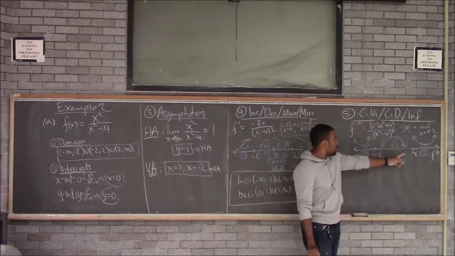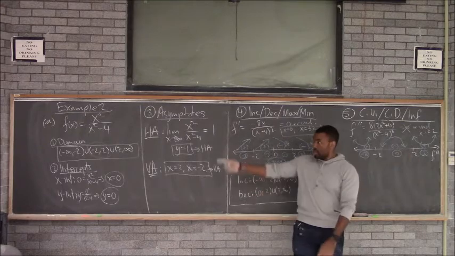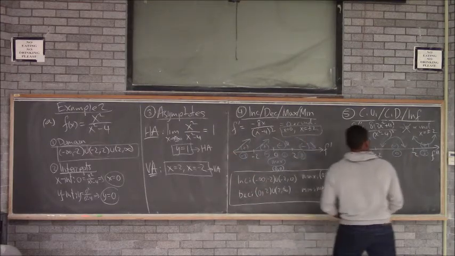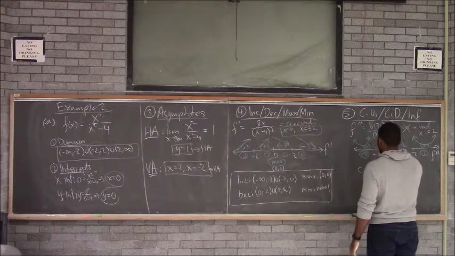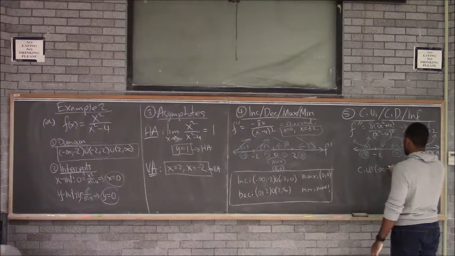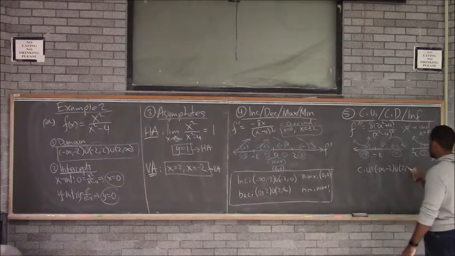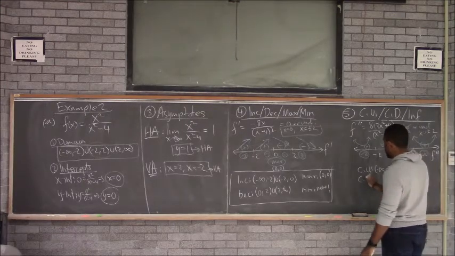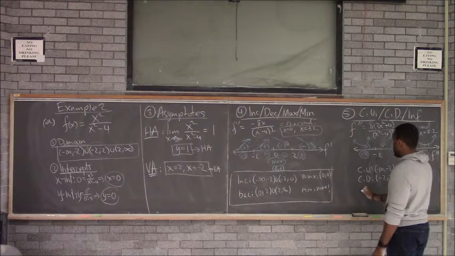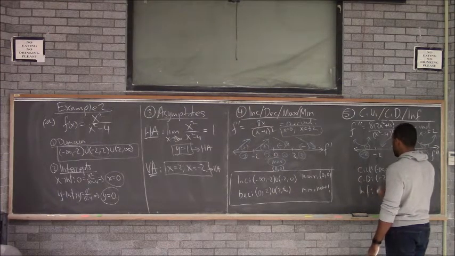Same goes for 2. I switched from negative to positive, but 2 is not in our domain, so that's nothing. There is no inflection. So here we have concavity. It's concave up on -infinity to -2, union 2 to infinity. It is concave down between -2 and 2. As for inflection points, there are none.